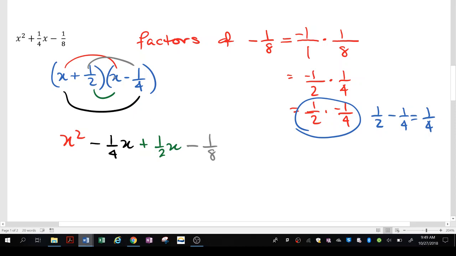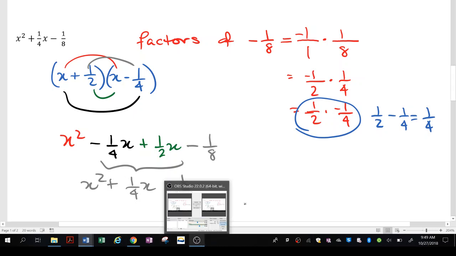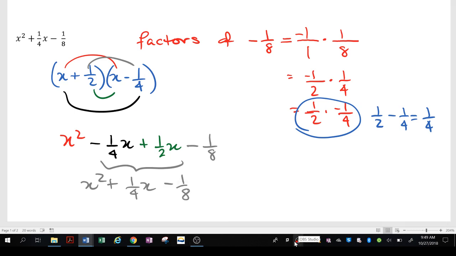We're multiplying 1/2 times 1/4 gives us 1/8. And combining these two like terms would give us positive 1/4 x. I'll just write those other two terms there. And yes, indeed, that did FOIL out to be our original expression.